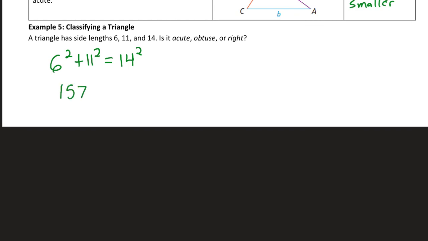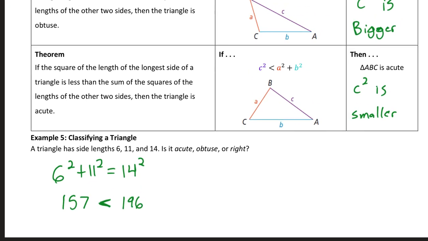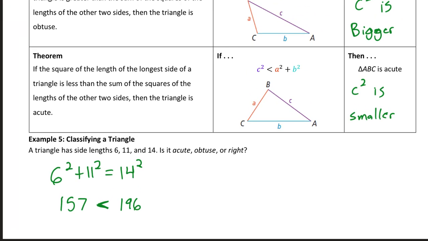Is that equal to, and I'm not going to put an equal sign there, is that equal to 14 squared? No, it is not. It is smaller. So going back to what I said before, c squared is bigger. So this triangle is obtuse. And that's because c squared is greater than a squared plus b squared.